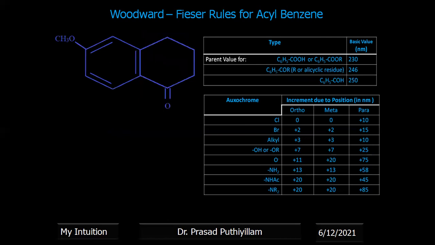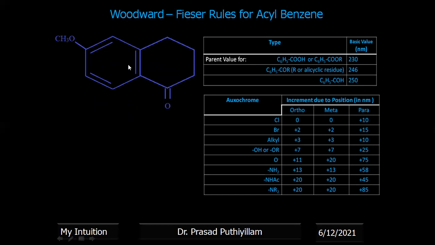Another example. A methoxy functional group is also present, a carbonyl functional group is present here, and this is the ring residue, an alicyclic residue. For the alpha position, beta position, this is alpha beta also, but we are considering it as a benzene ring case.